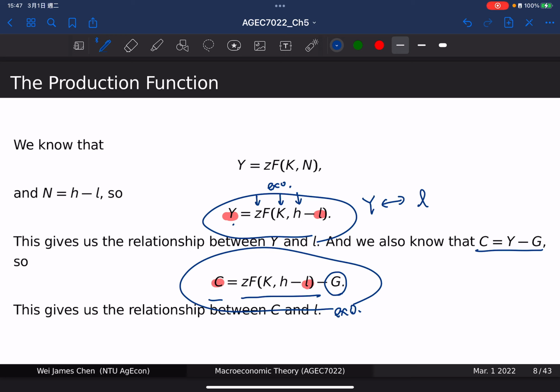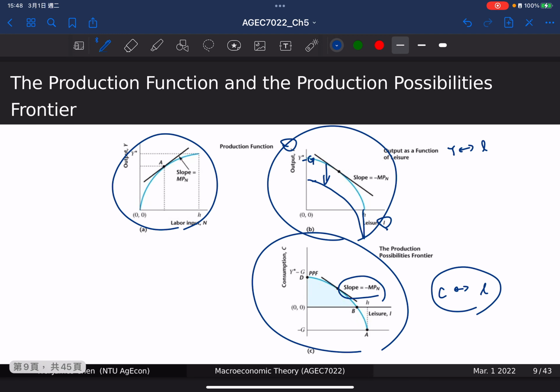I'm counting your labor as H minus leisure. That's also labor, but now measured in leisure. Then when you increase the leisure, it's the same thing as decreasing the labor. Right? So this to this is a mirror image, and this to this is just moving down parallelly by G.